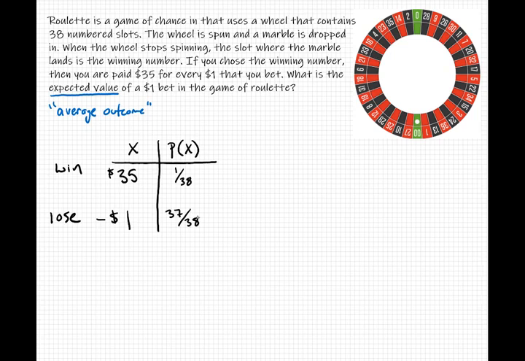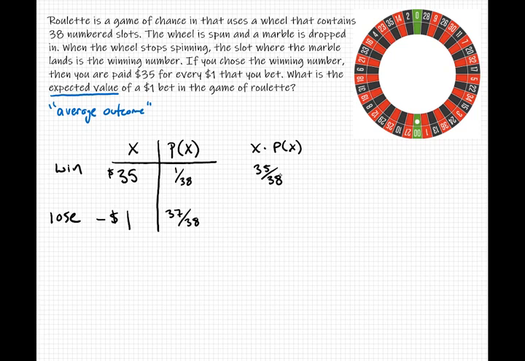So in effect, if we take the outcome and combine it with the probability, so we'll multiply those, X times P of X. And this is how we take the weighted average. So the outcome of winning $35 along with its probability, well, that's 35 over 38.